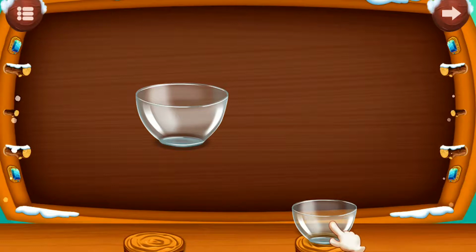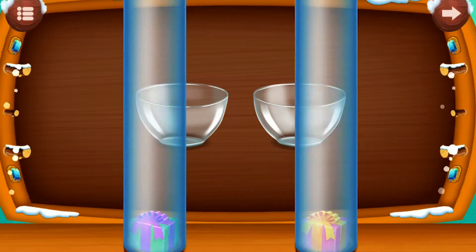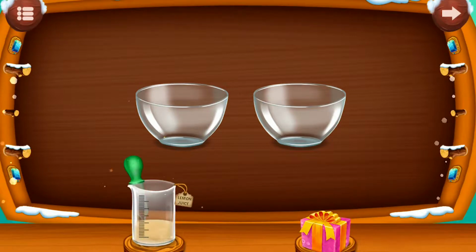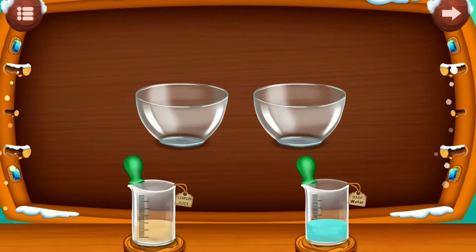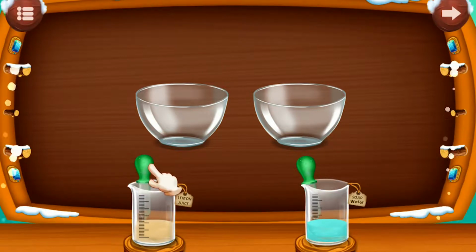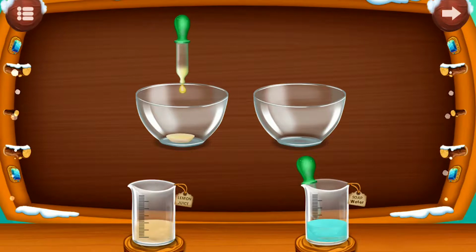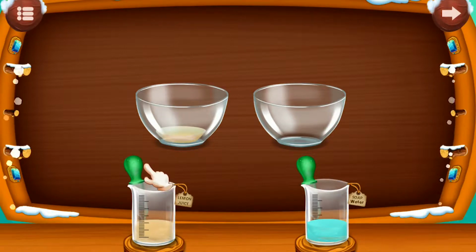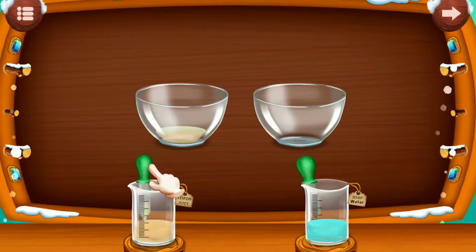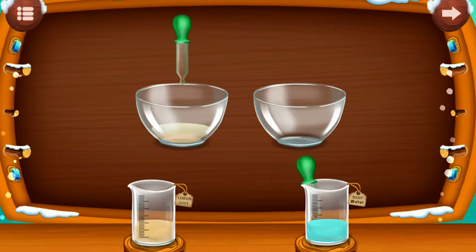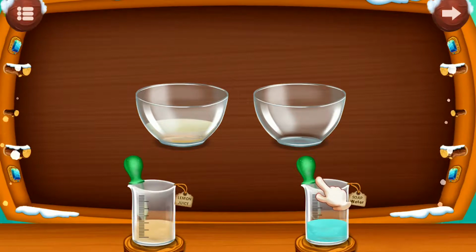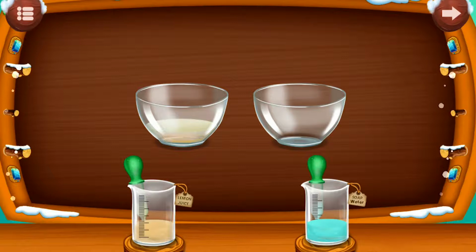Take an empty bowl. Take another empty bowl. Fill one bowl with lemon juice. Fill another with soap water.